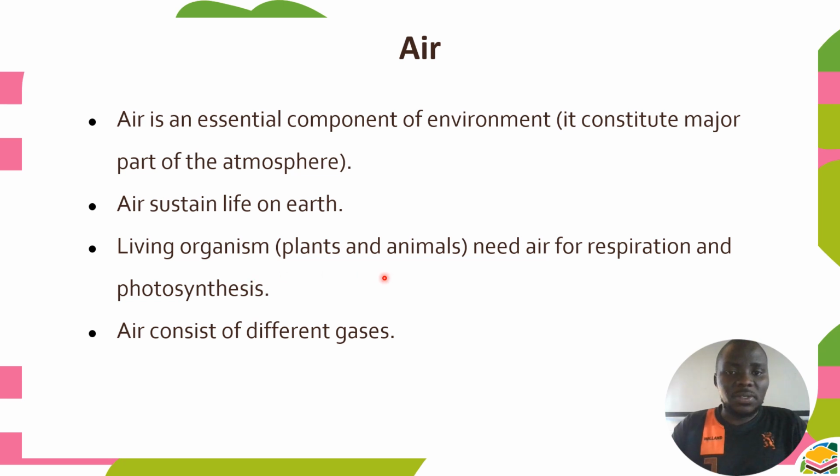Living organisms, plants as well as animals, need air for respiration and photosynthesis. Photosynthesis is the process where green plants manufacture their own food. So air is also needed for the process of food making in plants.